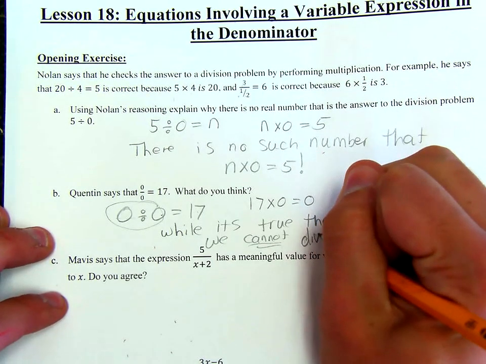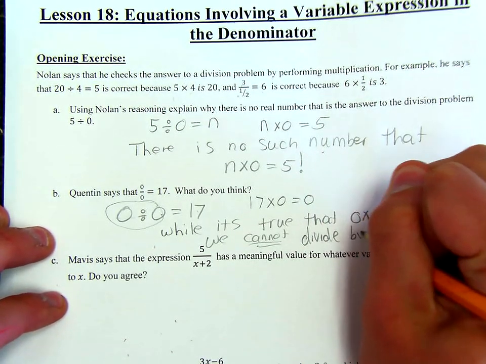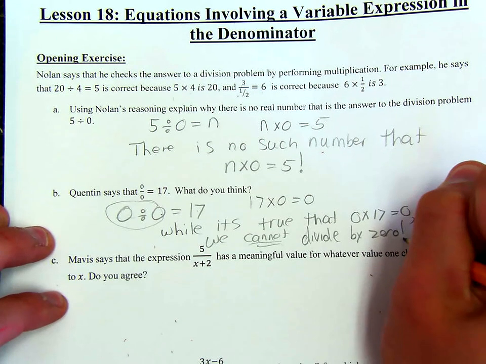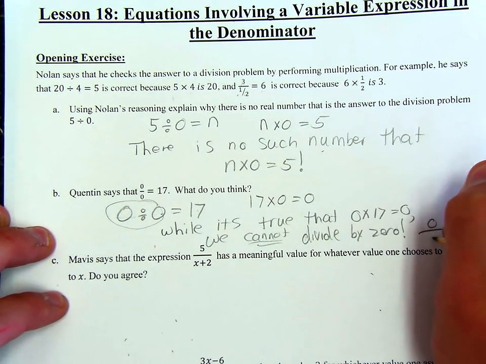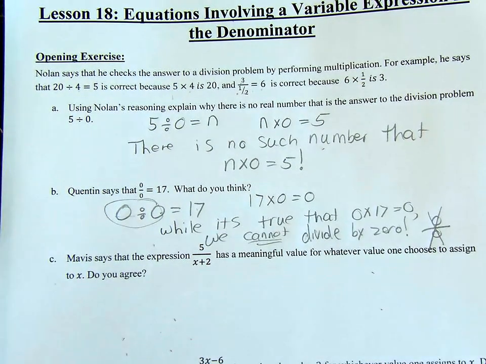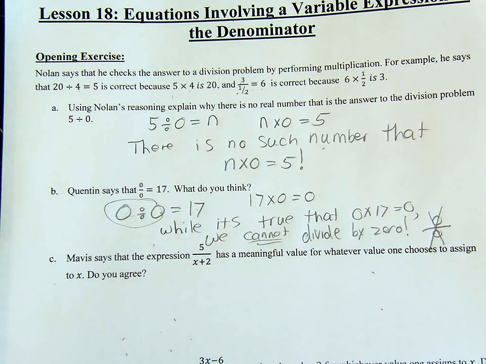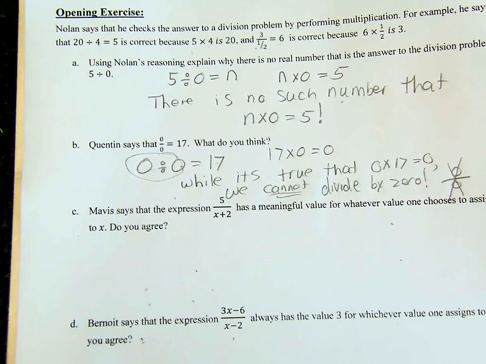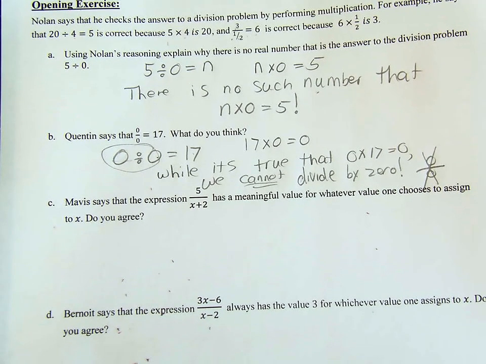So we can't have 0 divided by 0. Okay? Now let's look at Mavis. Mavis says that the expression 5 divided by x plus 2 has meaningful value for whatever value we have chosen to assign for x. Do you agree?